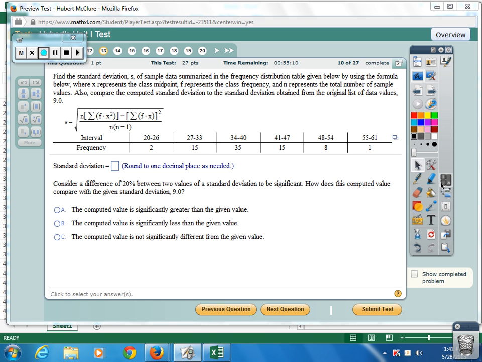They just want the standard deviation. All right, I'm going to copy it over to the spreadsheet.